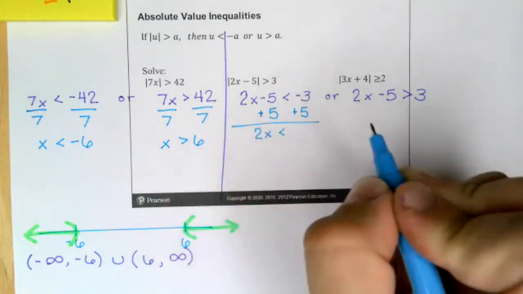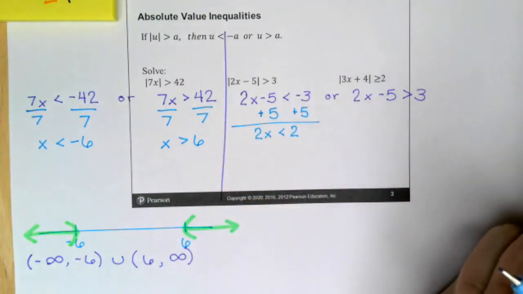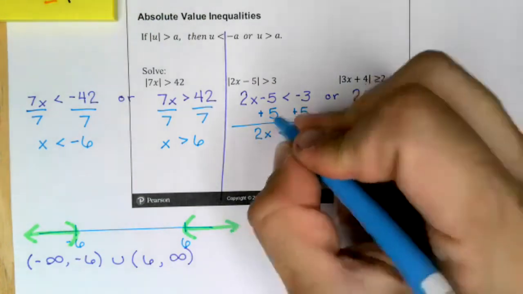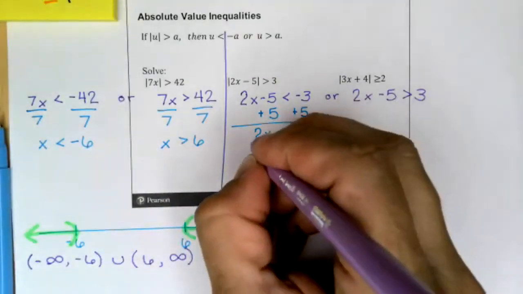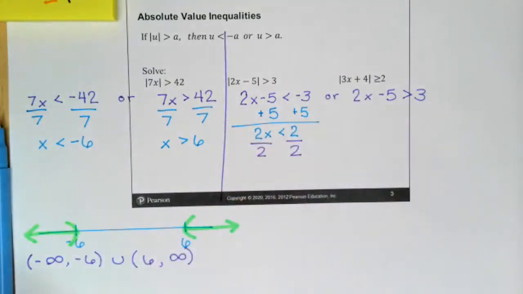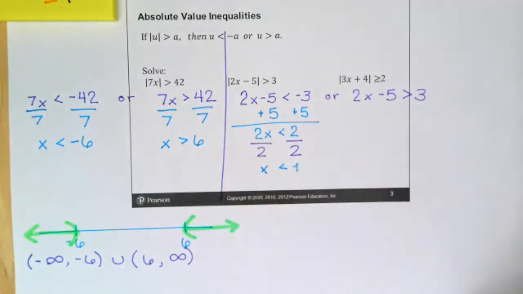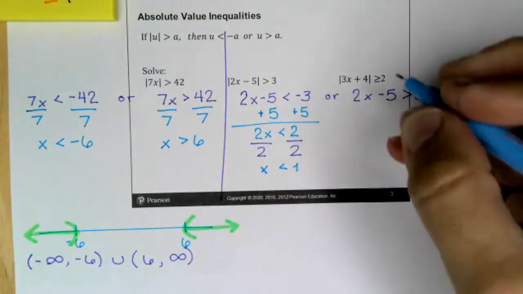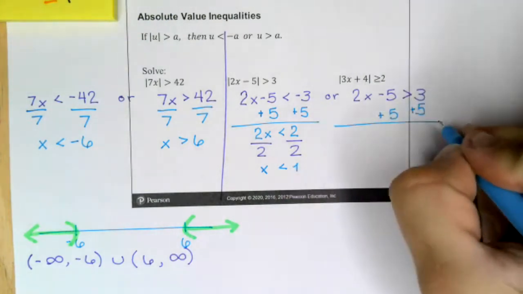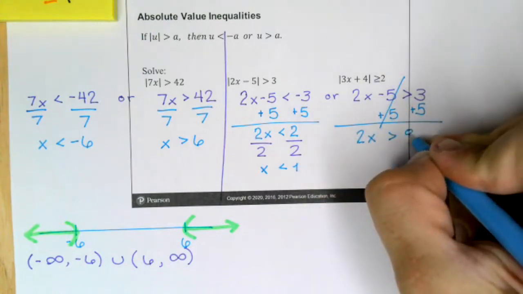2x is less than 2. Divide by 2. Divide by 2. X is less than 1, right? Same thing over here. Add 5, add 5. 2x is greater than 8.